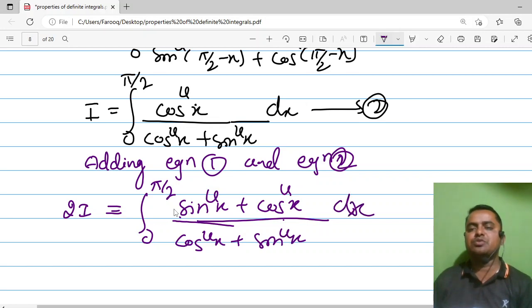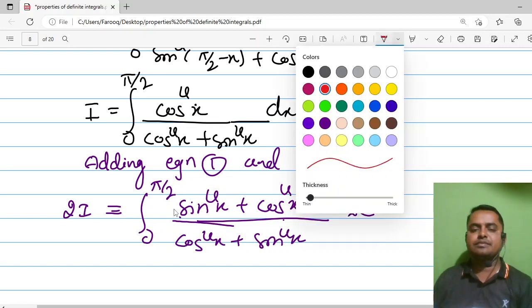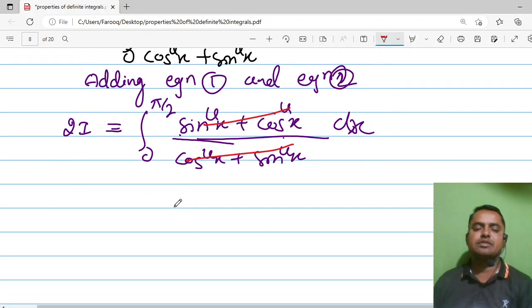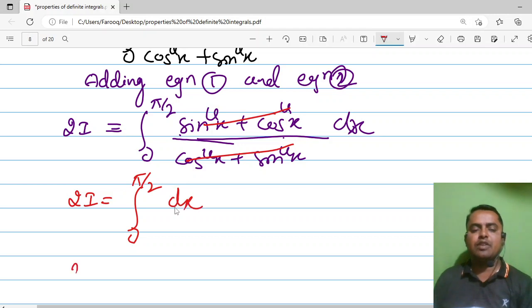Now cancel these two terms. You will get 2I is equal to the integral from 0 to 5 by 2 of dx. Then 2I is equal to x between the limits 0 to 5 by 2.